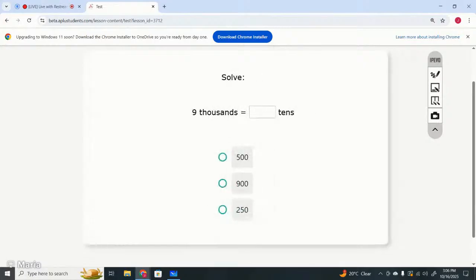Option number 4 is the correct option. 9,000 equal how many tens? 9,000 equal 900 tens. Option number 2 is the correct option.